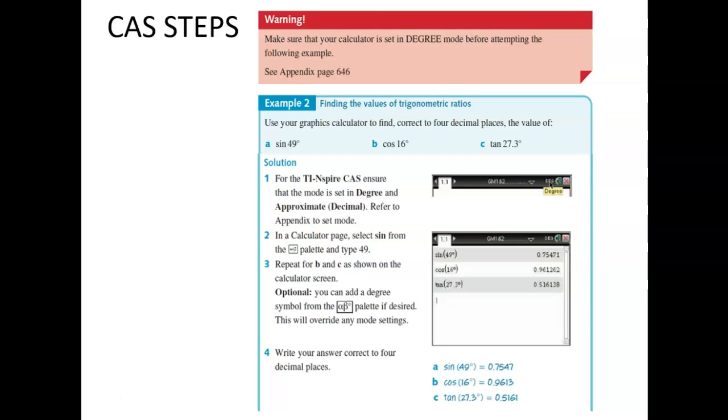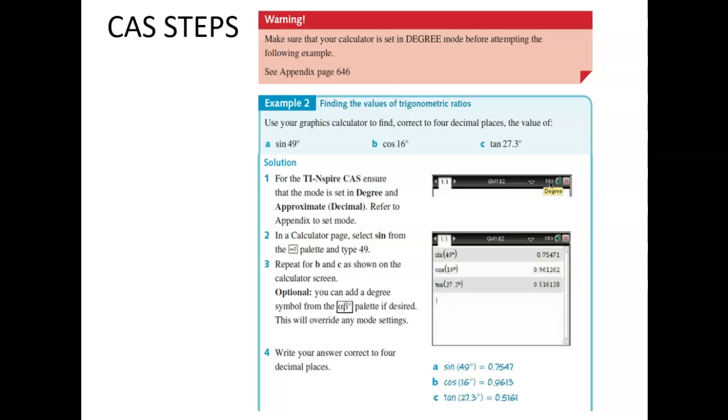If you wanted to do it on your calculator, just make sure that your calculator is in degree mode. Most of the trig stuff is done on the calculator because it's just too complicated to do by hand.